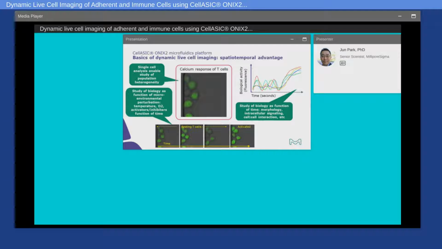Another common example would be dynamic gas control, such as cycling between normoxic and hypoxic conditions. Last but not least is the time dimension, where we can now study various cellular responses, such as morphology, movement, signaling, as well as cell-cell interaction, as a function of time to obtain spatiotemporal information of any given biological system.